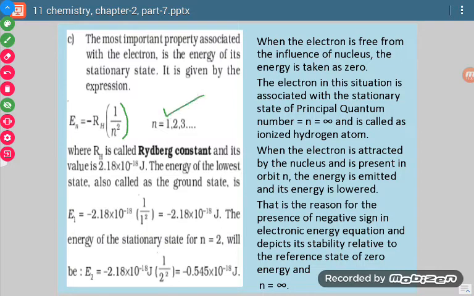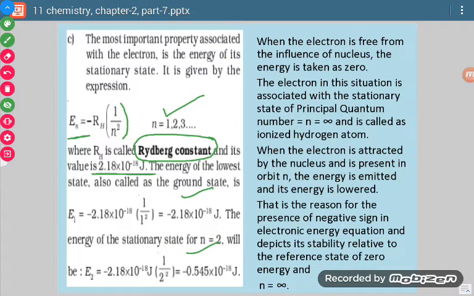If the electron is in the first orbit, its energy is given by E_1 equal to minus R_H multiplied by 1 by 1 square. So whatever the value of R_H is, that will be the energy of the electron in the first energy level or first stationary state. This R_H is called Rydberg's constant. It has a value of 2.18 into 10 raised to power minus 18 joules.